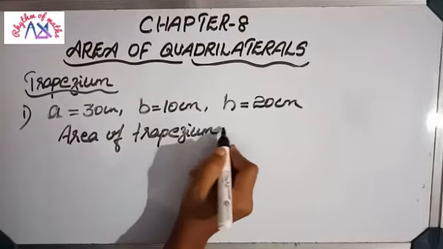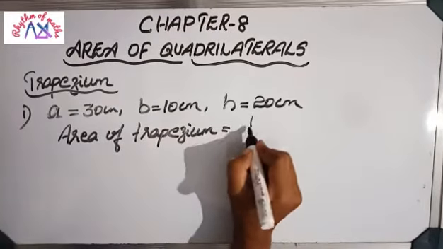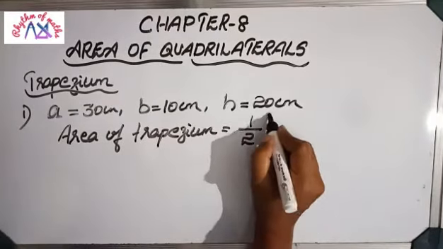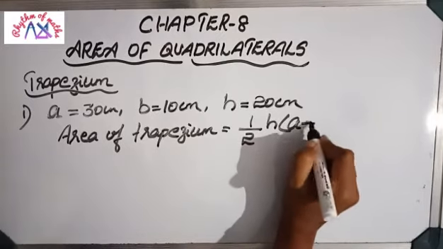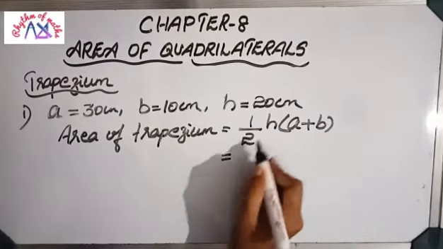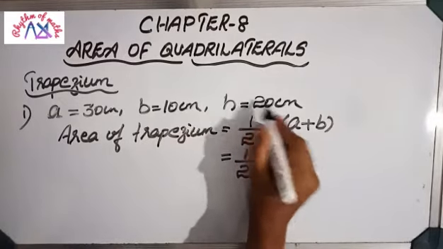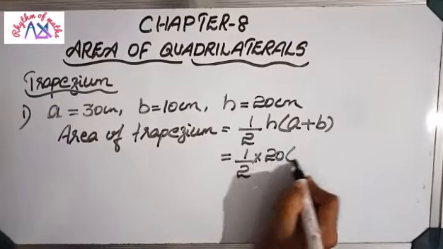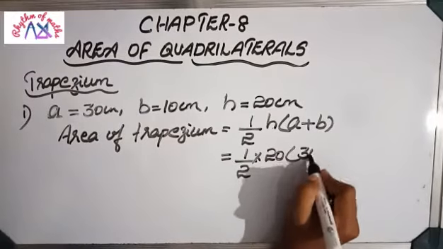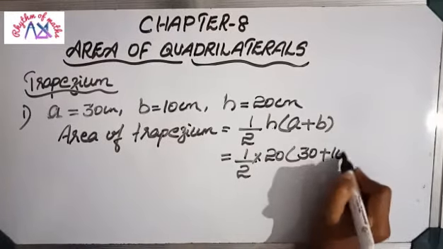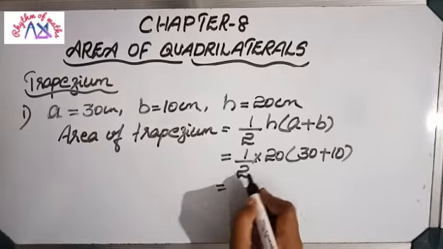What is the equation? I told you for trapezium and for isosceles trapezium the equation is same, that is half h into a plus b. Direct question. Just by applying the values we will get the answer. So here h is 20, a is 30 plus b is 10. Now here 2 and 20 we can cancel.